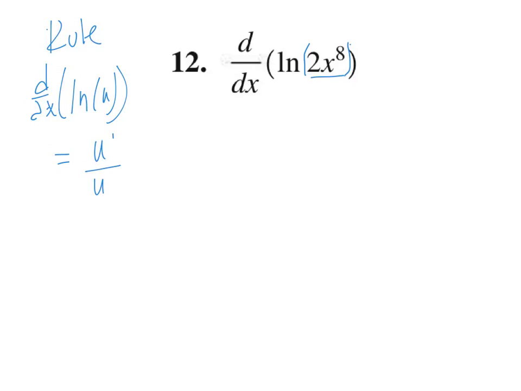So this whole inside function is my u. So I'm going to let u equal 2x to the 8th. So then I'm taking the derivative of the natural log of u, which is just going to give me u prime over u.